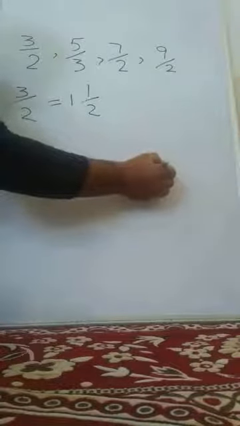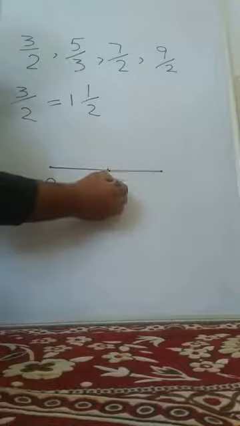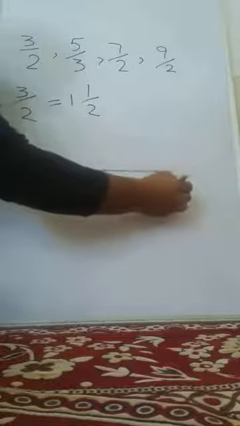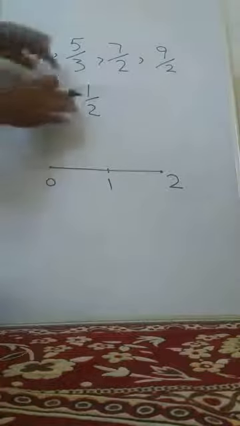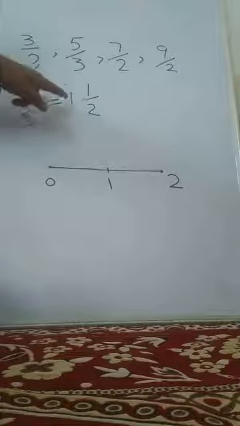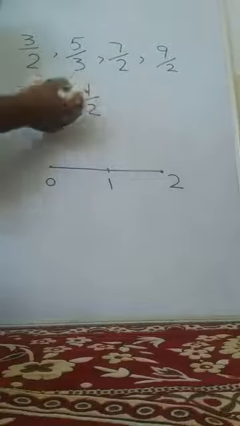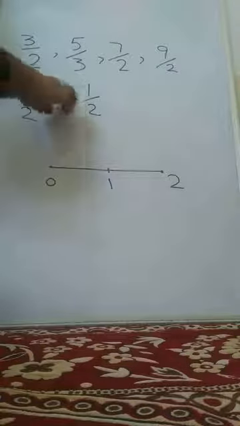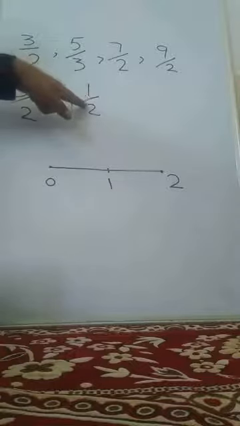This point is 1 and this point is 2. We have 1 whole. A mixed fraction means a whole number and a fraction. Here you see two numbers. This one is a whole number, 1 whole, and 1 by 2 is a part of 1 whole.